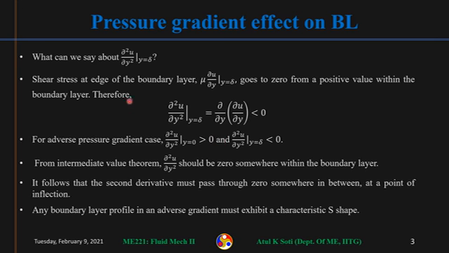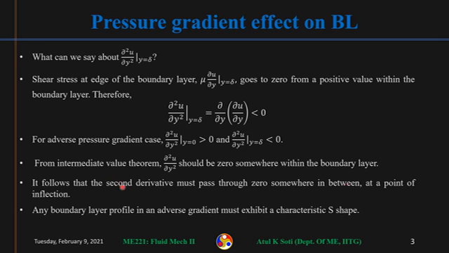If f(a) times f(b) is negative, that means f has a root somewhere between a and b. So for adverse pressure gradient, del 2u by del y2 will be 0 somewhere within the boundary layer, between y equal to 0 and y equal to delta. And when del 2u by del y2 is 0, there is a point of inflection.